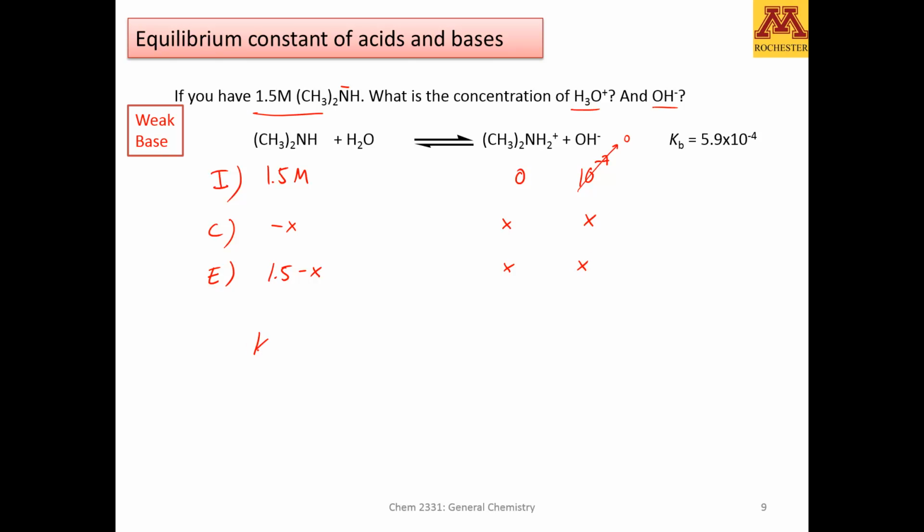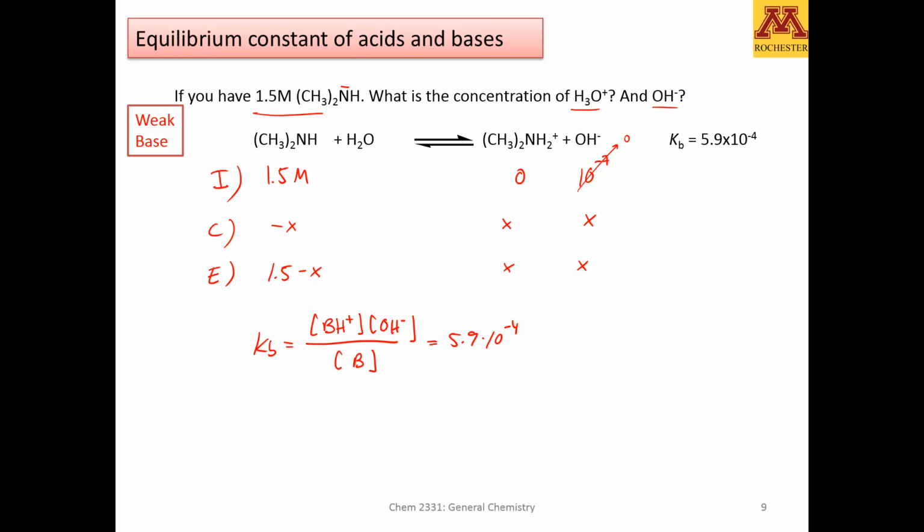Let's write the equilibrium constant. The equilibrium constant in this case is Kb, products over reactants. I'm just going to write BH plus, for the sake of simplicity, and OH negative, and this is my base. Again, this base is this dimethylamine group. And this Kb is equal to 5.9 times 10 to the negative 4.